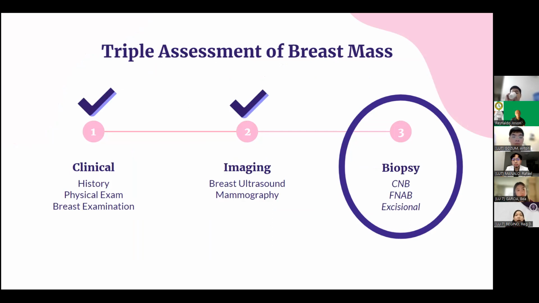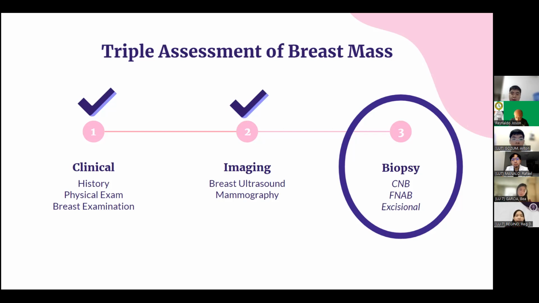We also ask for additional imaging, particularly breast ultrasound and mammography. And the third, we ask for biopsy. In particular, biopsy is warranted, especially since by history and imaging, the lesion is suggestive of malignancy. So since a malignancy can only be confirmed with histologic diagnosis, the next step in the workup of our patient is tissue diagnosis through biopsy.